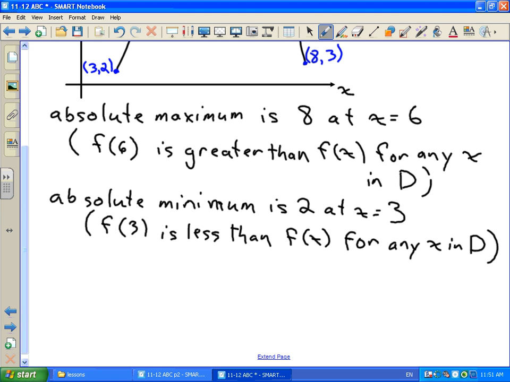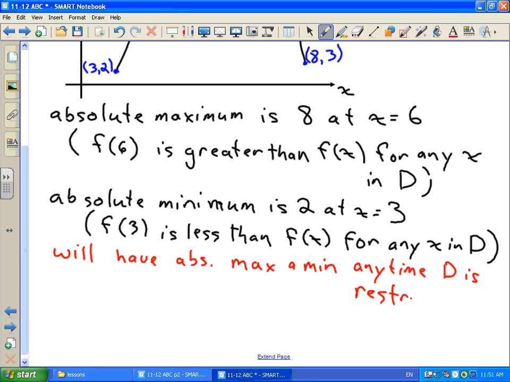So let's just say you will have an absolute max and minimum anytime the domain is restricted. So anytime you say my function begins here and it ends here, you're going to have in that interval some place where you've got a maximum value and a minimum value.